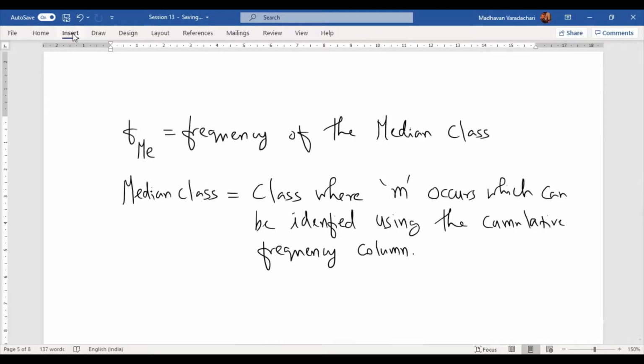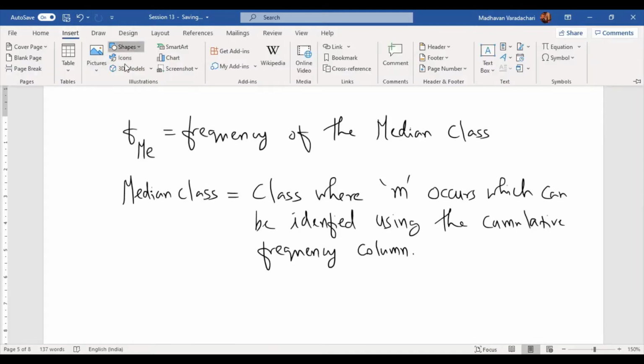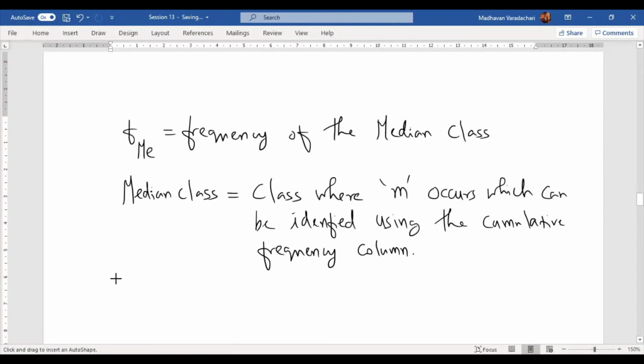Now comes the next formula, which will be mode. I will write that.